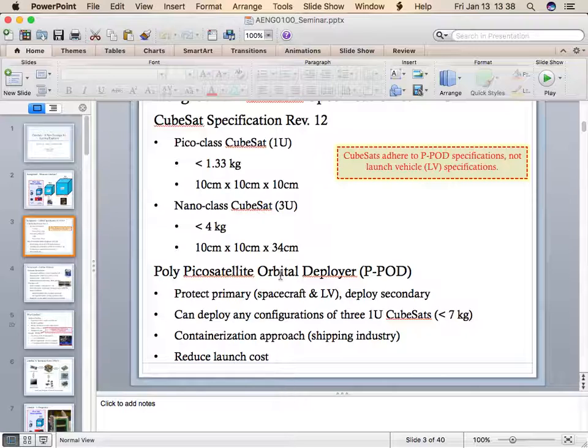You know what that means? You have to hitch a ride on something that is going up in space. There is no launch vehicle specifically designed for these smaller satellites. So when something big is going there, like a bigger satellite, you just attach your satellite to the launch vehicle and pick up.